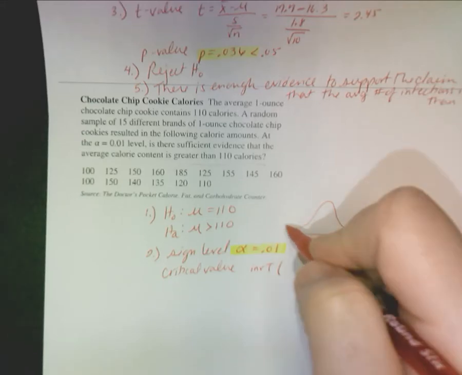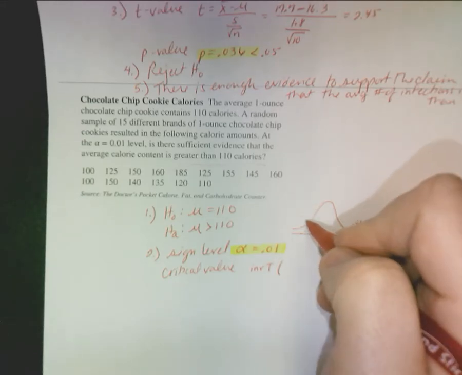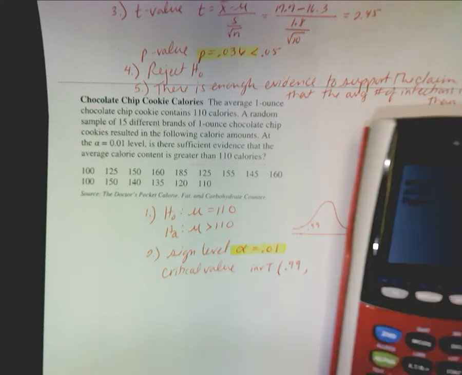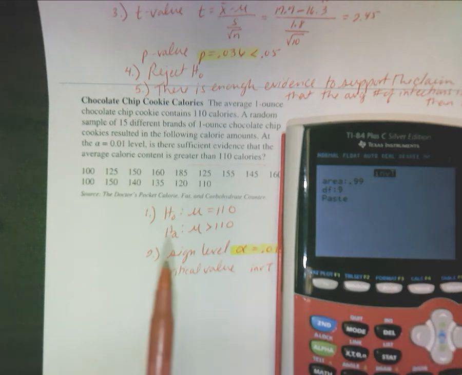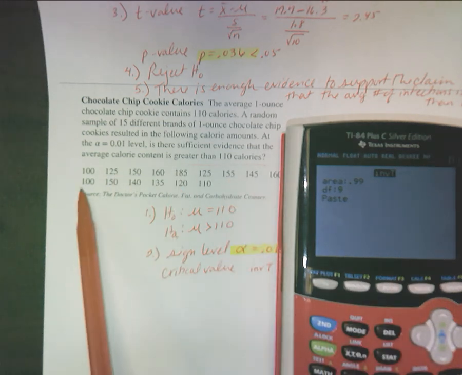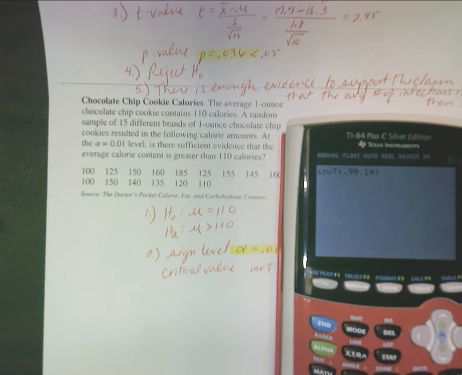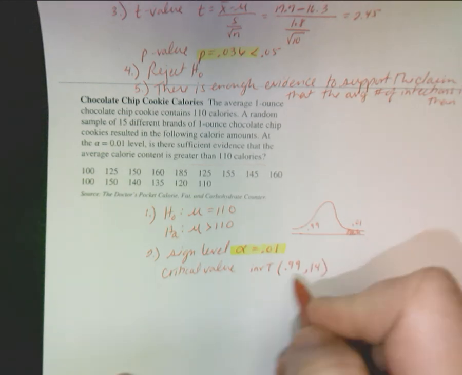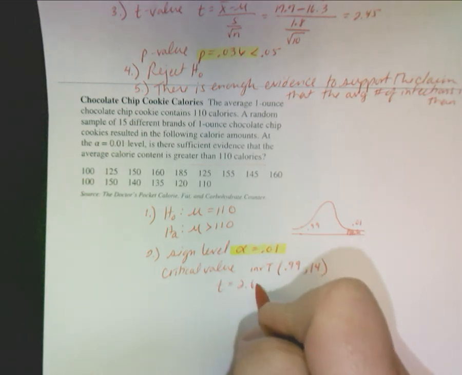I have to put this side, the left side, which is 0.99. So I'm going to inverse t, 0.99. And what would be the degrees of freedom? How many of these chocolate chip cookies did I have? 15. Don't put 15, put 14. And I get an inverse t of 2.62. Critical value t is 2.62.